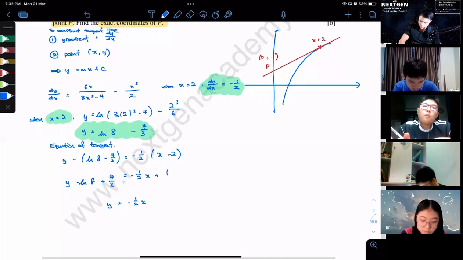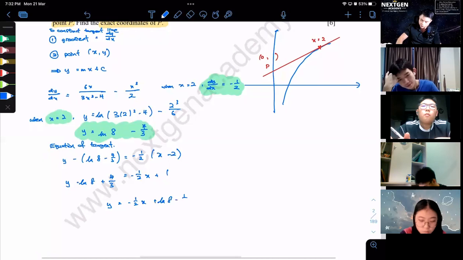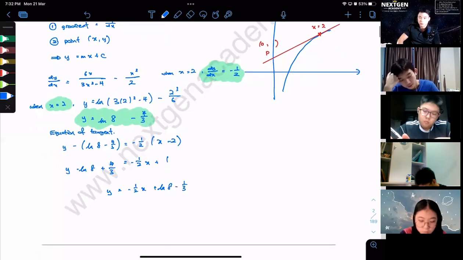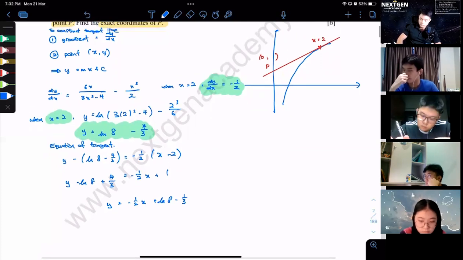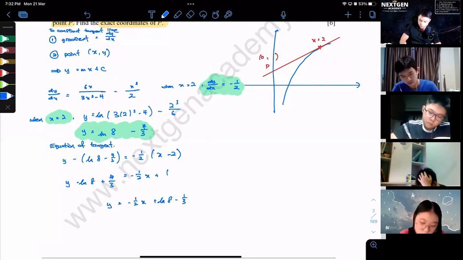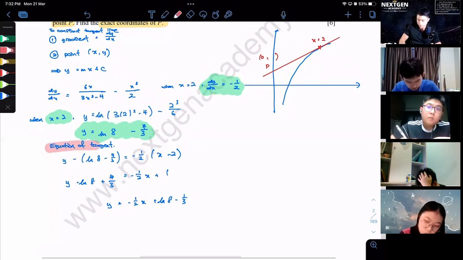So plus ln 8, negative 1 over 3. Okay, so this is my y. I like to write it like this, y equals mx plus c. And then we want to find point P. So this is the equation of the tangent.